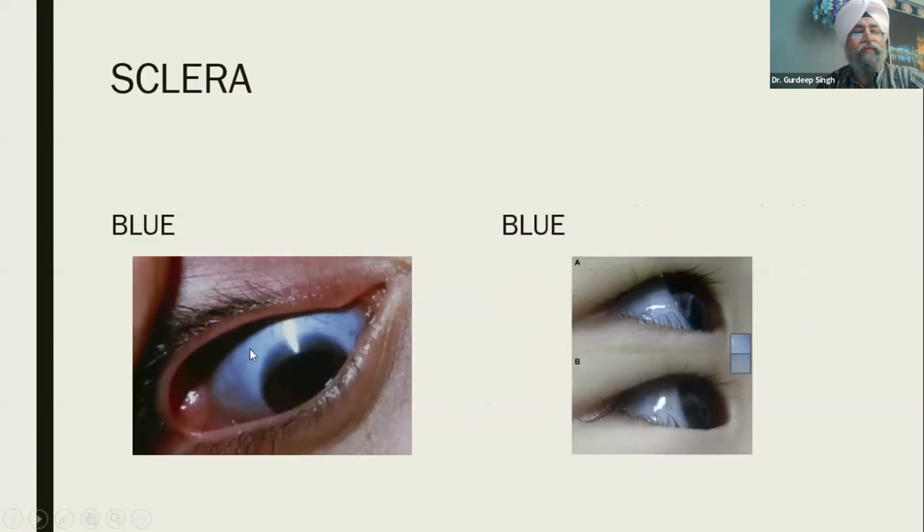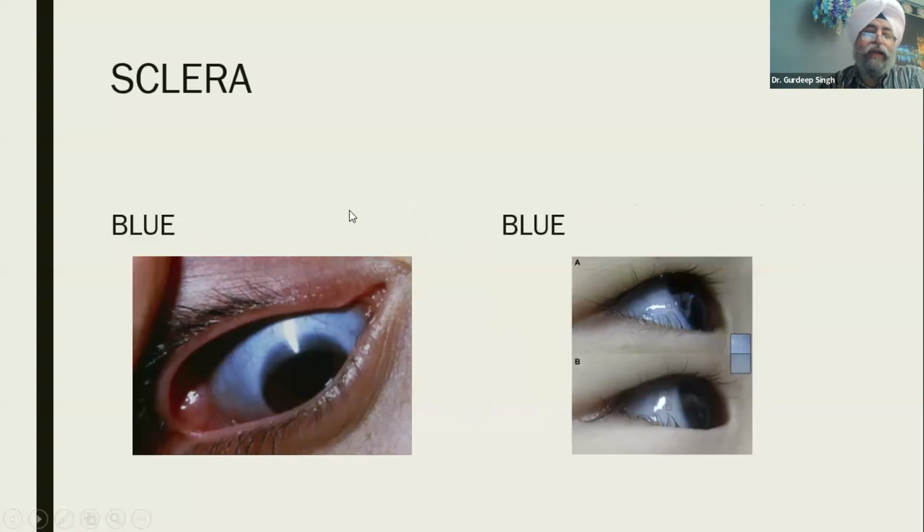This is something very interesting, and many times we do see this. The first thing after seeing the blue color is whether it is associated with osteogenesis imperfecta. But we do forget that there is something else we need to look at.